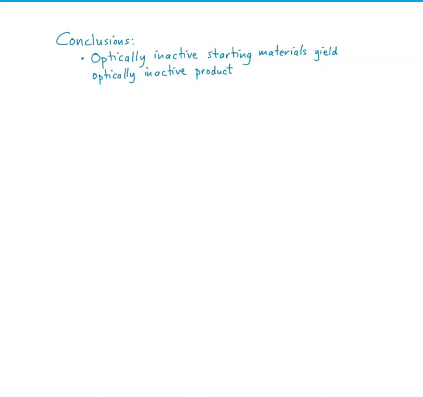Now, what we saw in the examples that I showed you were racemic mixtures. So an optically inactive product could be a racemic mixture like we saw. But there's other types of optically inactive chemical species.